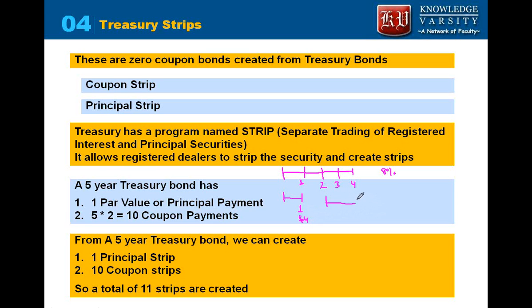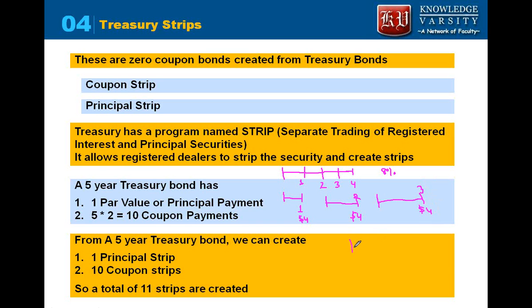Another zero coupon bond will be created which will have again the coupon of $4, but it will be paying after 2 periods or 1 year. So there will be another zero coupon bond created having a maturity of 1 year paying a face value of $4. Another bond would be created which will pay $4 after 1.5 years.